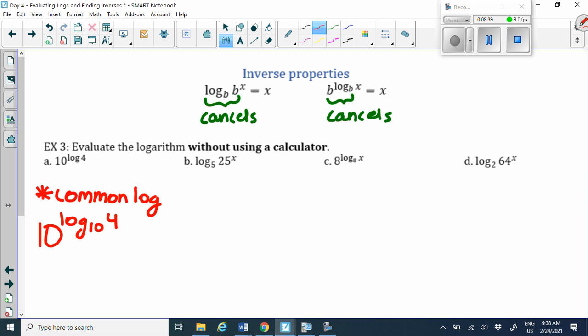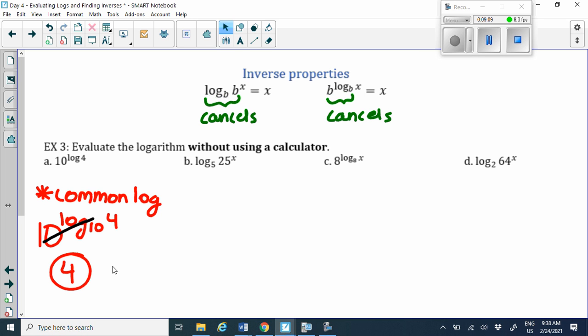Now we look at the base of our exponential and the base of our log. Are they exactly the same? Yes. So they cancel each other out, and all we're left with is the number 4, and that's our answer. You have to make sure the base on your log and the base on the exponential are exactly the same, then you can cancel out.